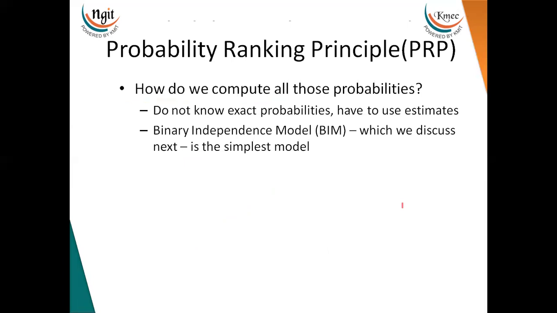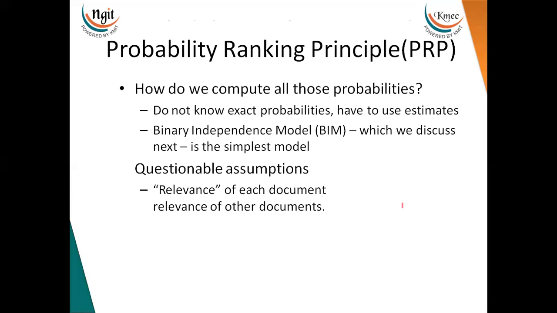For that purpose, you are going to take help of the binary independence model that we are going to learn. But what is the main motive behind this probability ranking principle? I want to find out the relevance of each document. But I want these documents to be independent of each other so that their relevance is independent. Why do I want this independence?